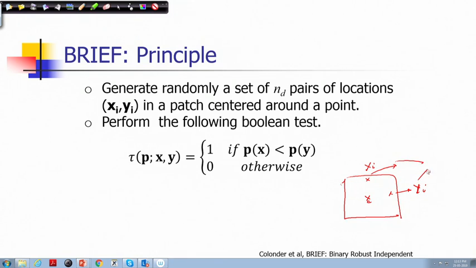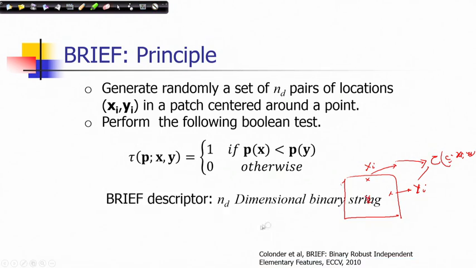Then you are computing this value tau c xi yi. So, these are the positions, and then you are getting a binary value 1, right. So, you get a binary string. So, there are ND such pairs. So, you get a binary string of length ND. In fact, that is what is supposed to be a feature descriptor.